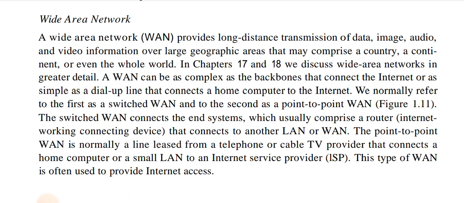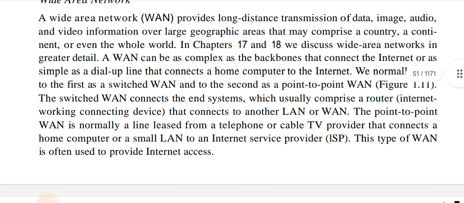In chapters 17 and 18, we discuss wide area networks in greater detail. A WAN can be as complex as the backbone that connects the Internet, or as simple as a dial-up line that connects a home computer to the Internet. We normally refer to the first as a switched WAN and to the second as a point-to-point WAN.